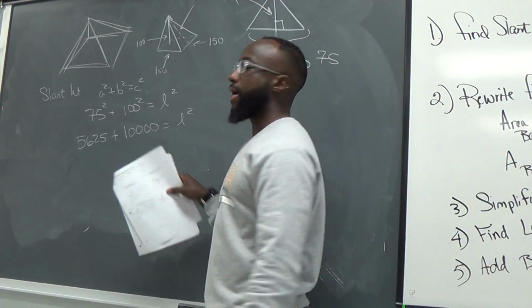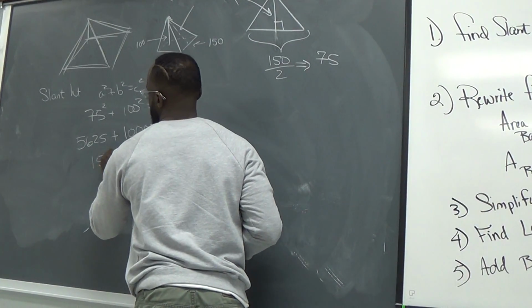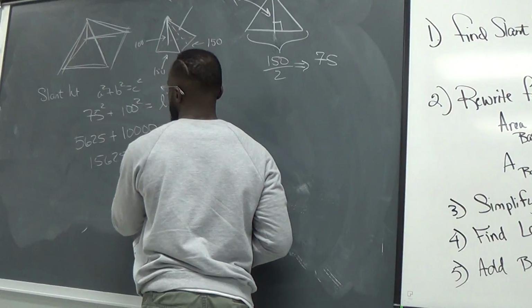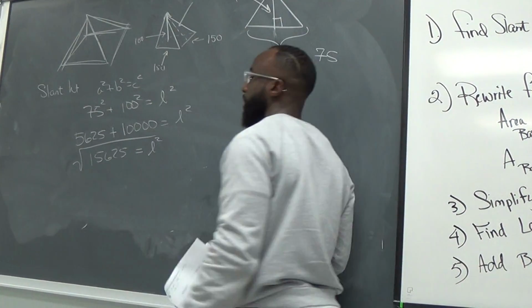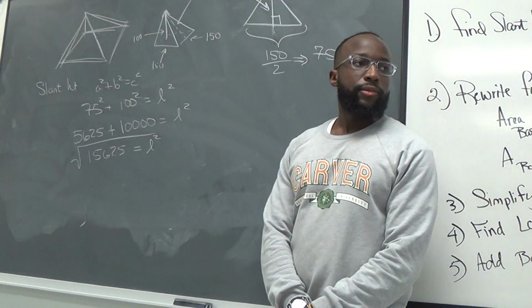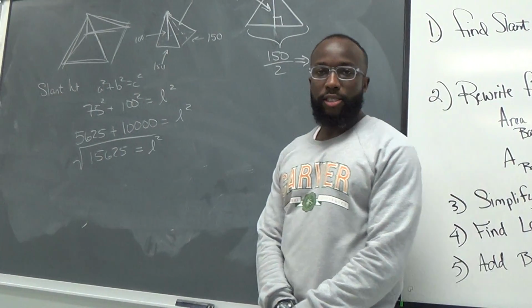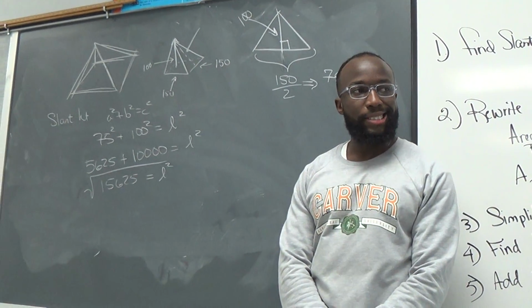When you add these two together, you get 15,625. That's L squared. So to find L, you take the square root of 15,625.